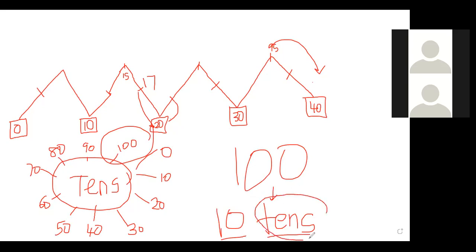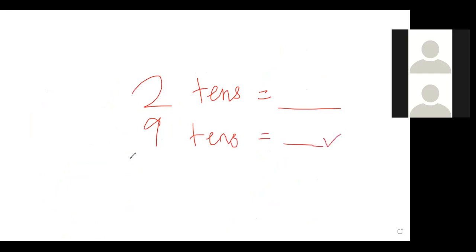The word tens is represented by a 0. In other words, if I have 2 tens, what's the value of this number, guys? Put in the chat. What is 2 tens? 20. Good. What about 9 tens? Good. 90. What about 12 tens?